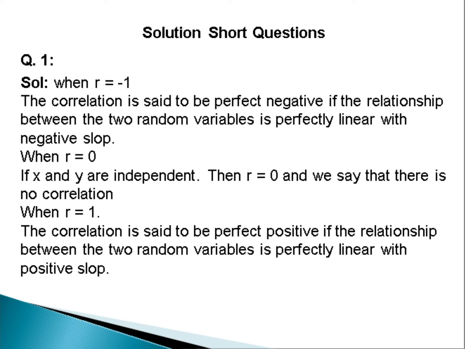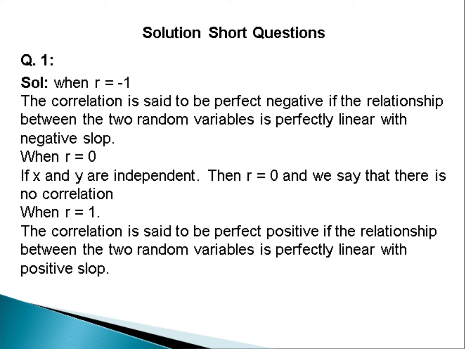Then r is equals to -1. When r is equals to 0, if x and y are independent, then r is equals to 0, and we say that there is no correlation. When r is equals to 1, the correlation is said to be perfect positive if the relationship between the two random variables is perfectly linear with positive slope.